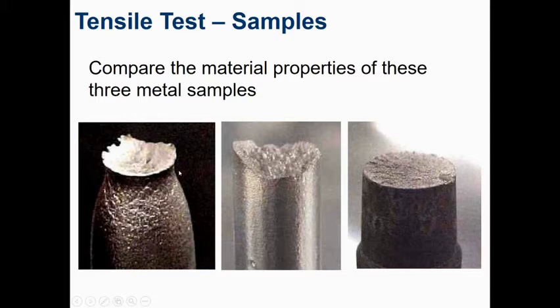shapes to it. As we move along here, the second one is something that is in the middle between brittle and ductile. You'll notice that again, it has a three-dimensional fracture plane, not really a very well-defined neck. And then the third one is a very brittle sample.